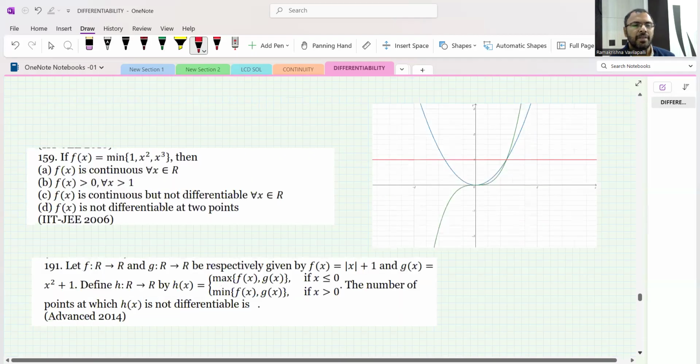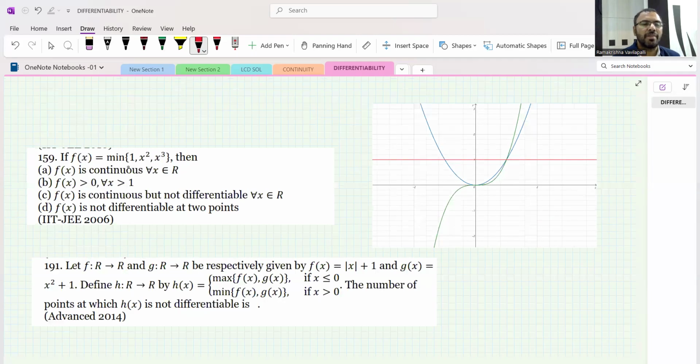Here is one previous JEE question: f of x equal to minimum of 1, x square, x cube. If you are good at drawing a parabola and a cubic curve, then it is very simple.